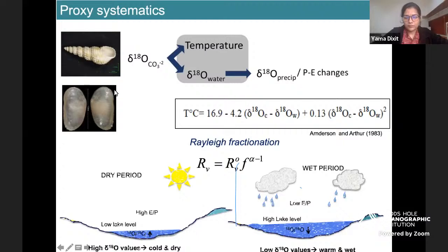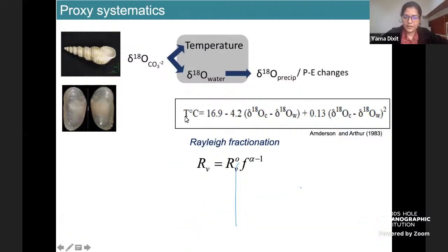And if you're trying to see what the temperature is like, you can have an idea if there were any changes in the temperature, and if not, from the water isotope you can correlate how the carbonate isotopes were changing.